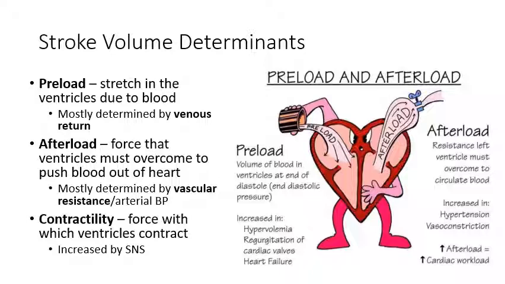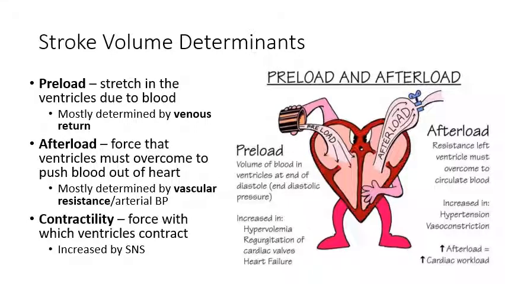Venous return is how much blood is coming back to the heart in the veins. So if you have X amount of blood coming back to the atria from the vena cava, that blood is going to go into the ventricles, and that's your preload. You can't pump more blood out of the ventricles than what you had filled them with initially. So preload is determined by venous return for the most part.